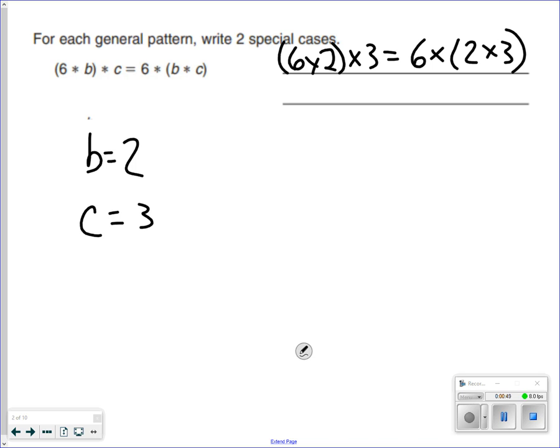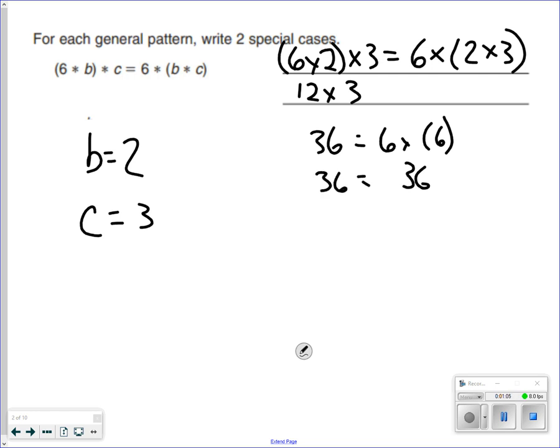What do we get? Well, let's see if it works out. We got 12 times 3, which is 36, equals 6 times, we got a 6 in there, 6 times 6 equals 36. So that works.